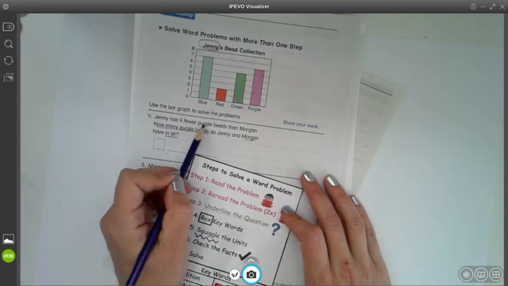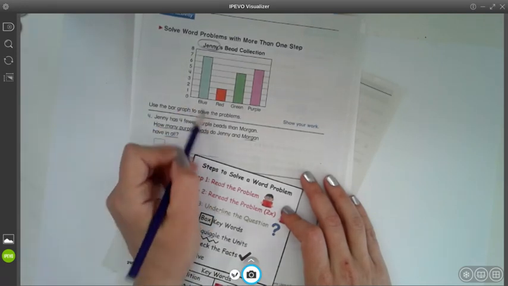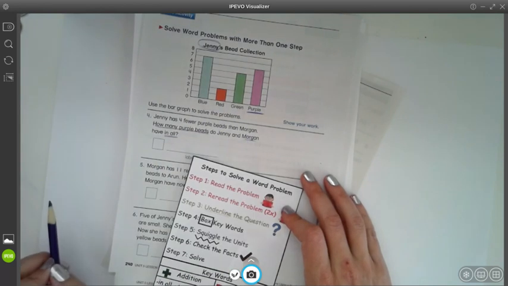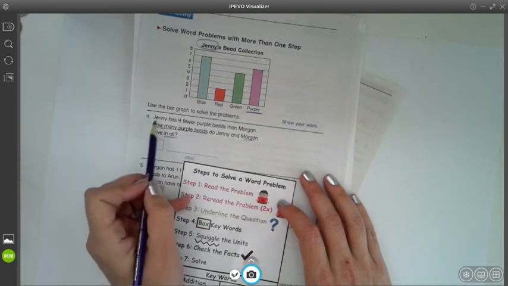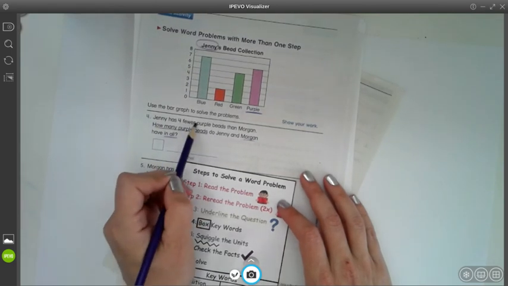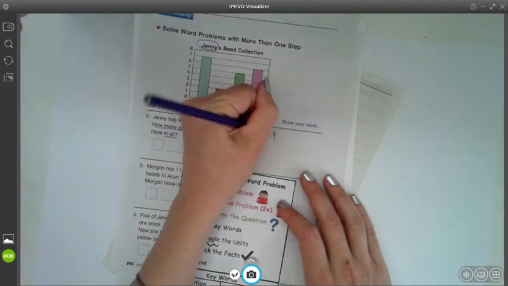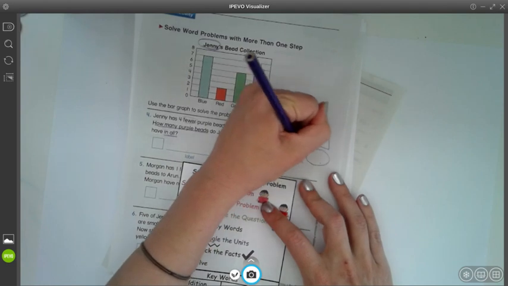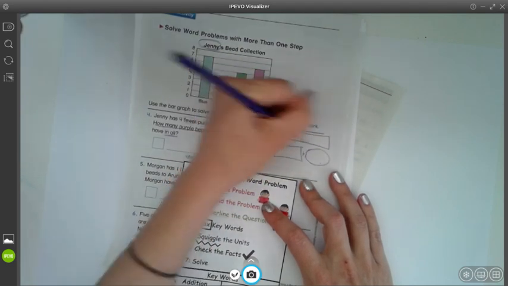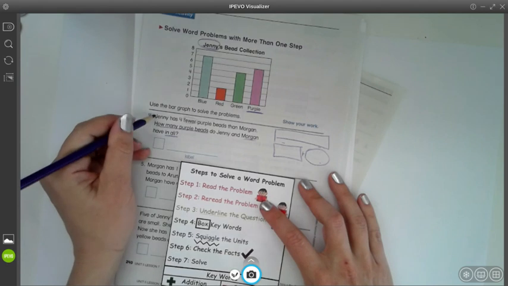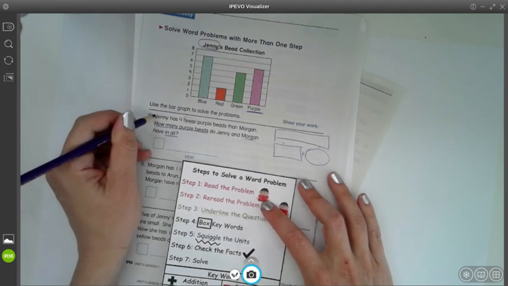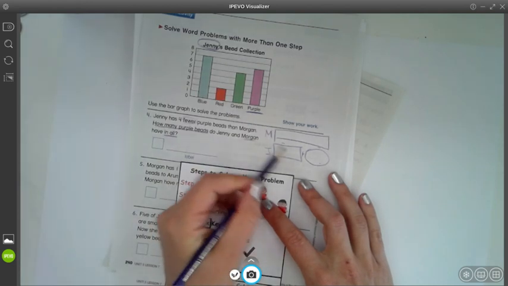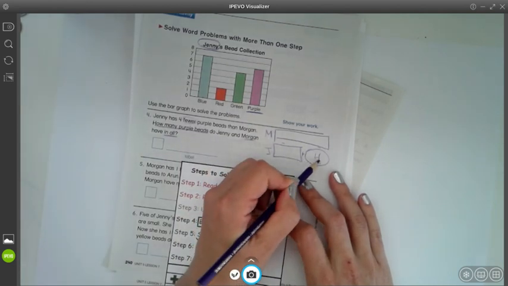Jenny has 4 fewer purple beads than Morgan. On this question, I get to ignore blue, red, and green and really focus on the purple beads that Morgan has. I see that keyword, 4 fewer. This tells me I'm going to be doing some comparison, using my comparison bars to help with my thinking today. I'm going to do Jenny and Morgan, fill in that information, and I know that fewer is going to go here.